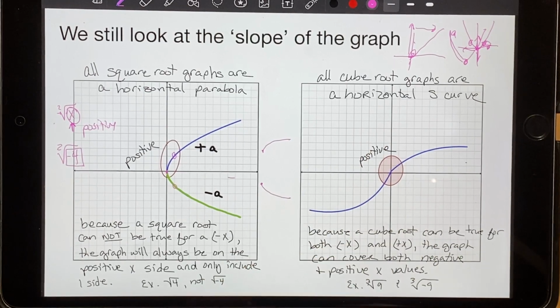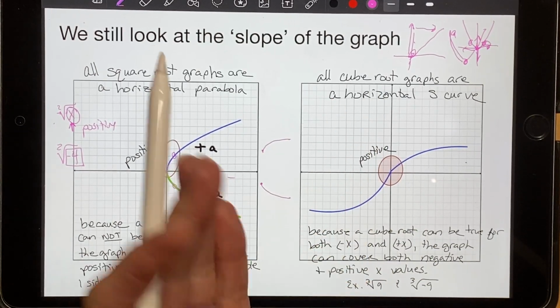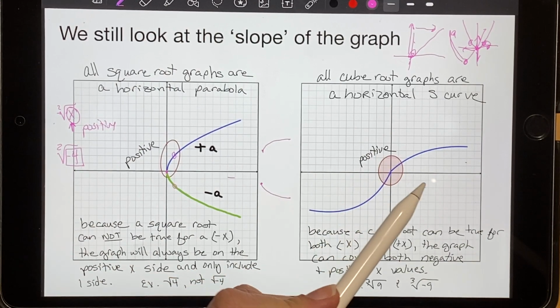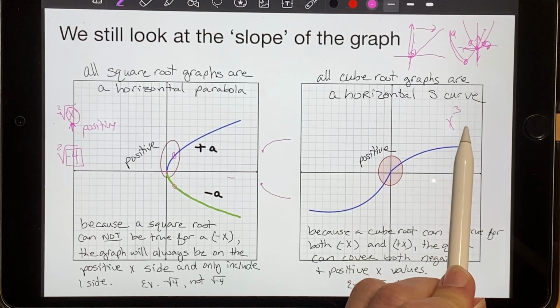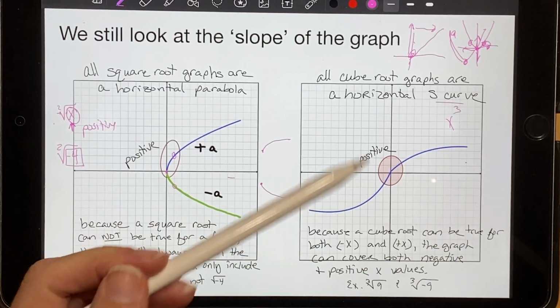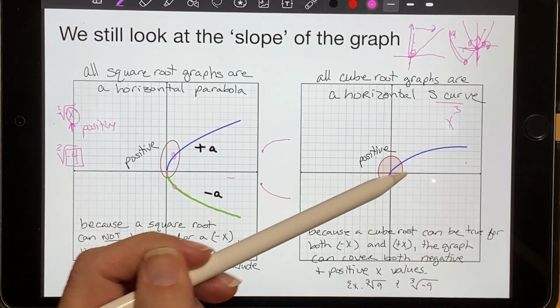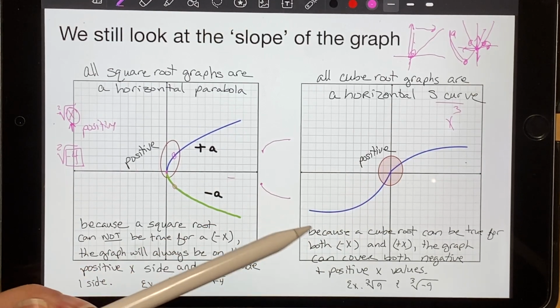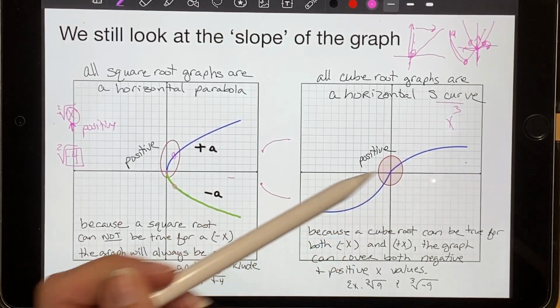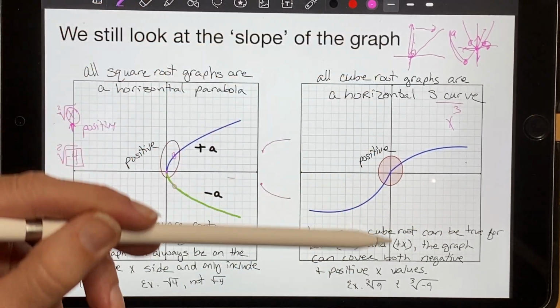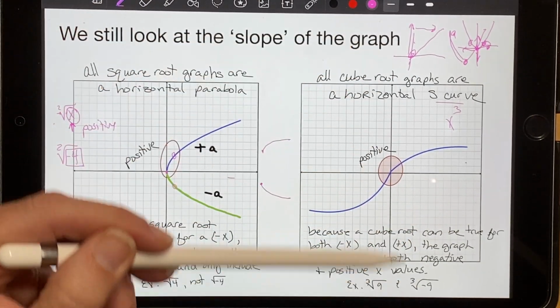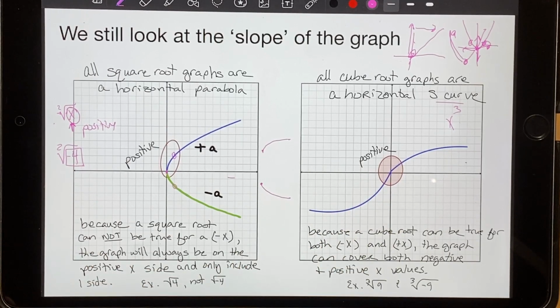Okay, now if we look at cube root graphs, they are an inverse of a cubic equation. And we know a cubic equation is an S curve. And so a cube root is also an S curve. And it lies along the x-axis instead of curving around the y-axis like a cubic function does.